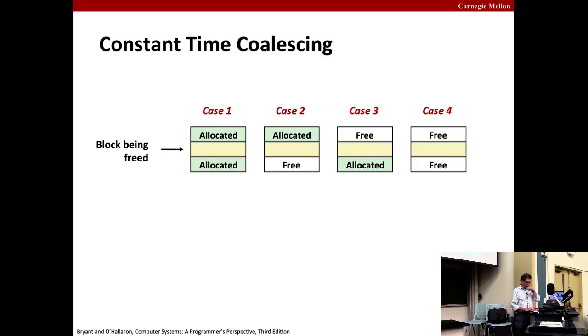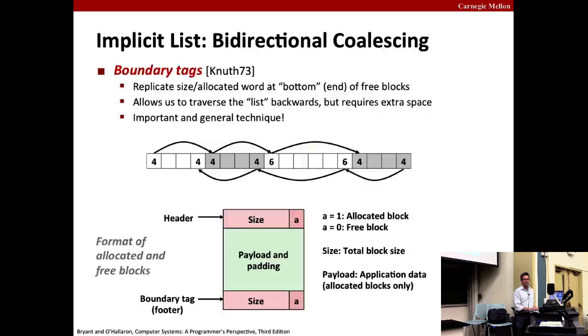Okay, so given this idea of the boundary tag, and given that we have some allocated block that we want to free, this yellow block. Yes, question? In the previous slide, when we had a block of size 4, if you put two boundary tags, does that reduce the size? So just to summarize the question: when you're looking for blocks that fit, you have to include the size of the header and the boundary tag.